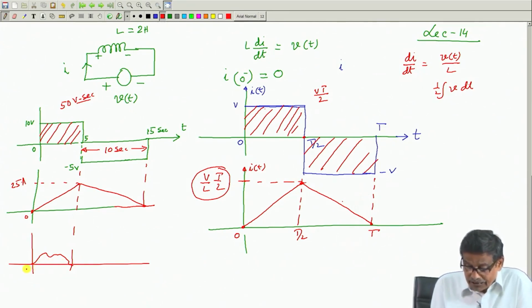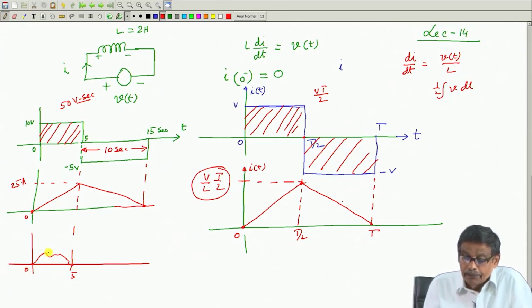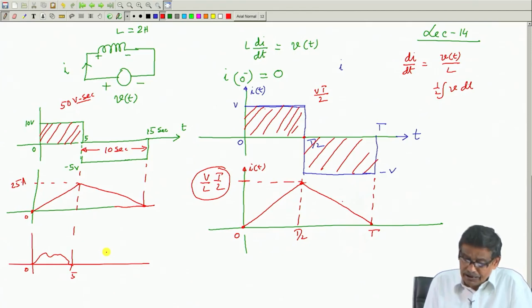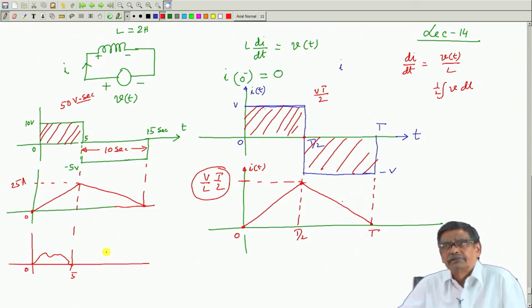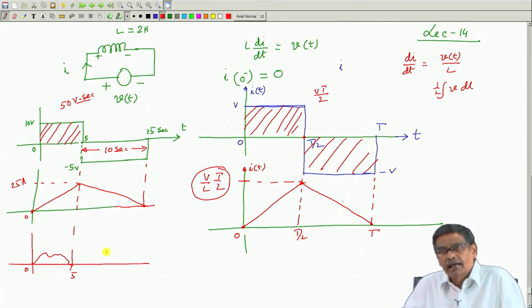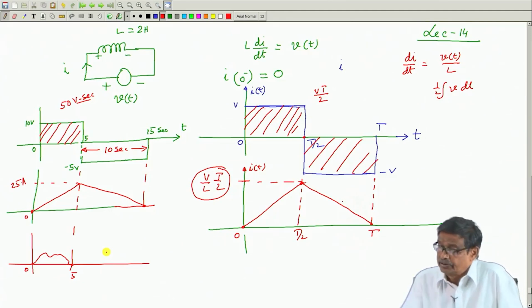But what I am trying to tell is that at t equal to 5 seconds, if you have applied 50 volt second of accumulated volt second, this current will be 25 ampere. Positive volt second I have applied. Similarly, negative volt second you have applied like this. So, this is how you must understand volt second applied, and I leave it to you to think about this.